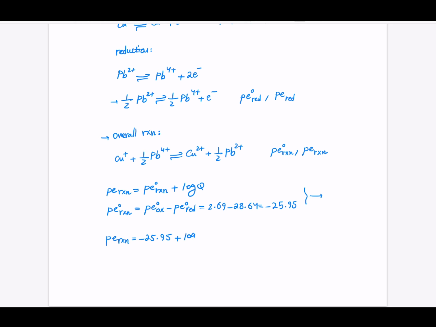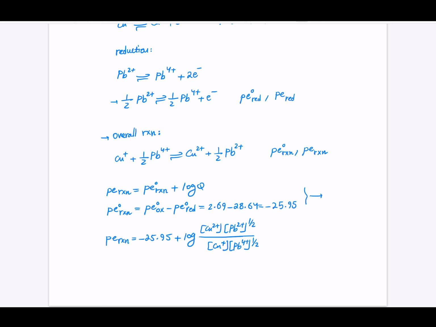So this would be log of the concentration of Cu2+, Pb2+ to the power of half, Cu+, and then Pb4+ to the power of half.